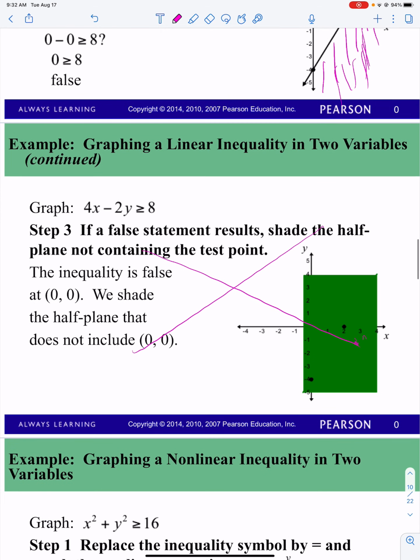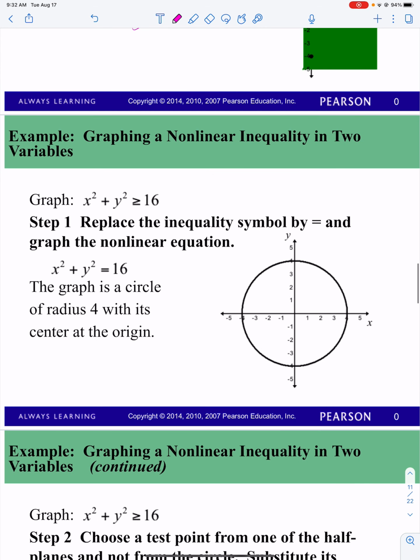Okay, the next example: x squared plus y squared bigger than or equal to 16. What is x squared plus y squared equal to 16? That is a circle with radius 4 and center at the origin.